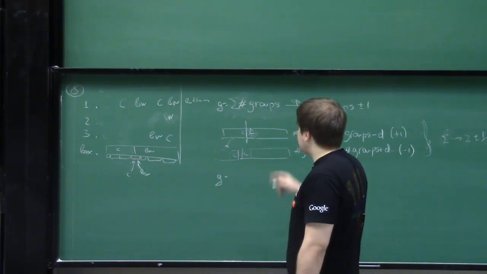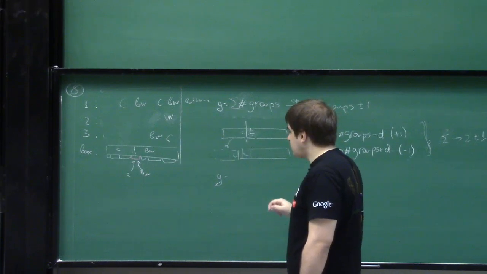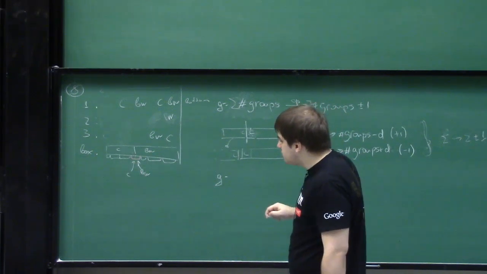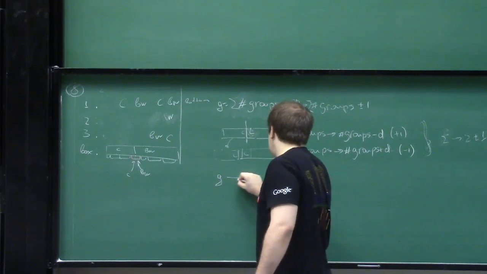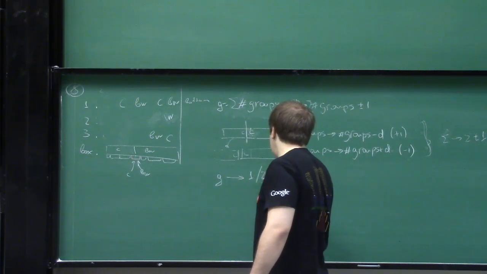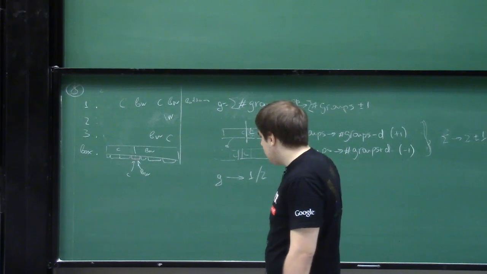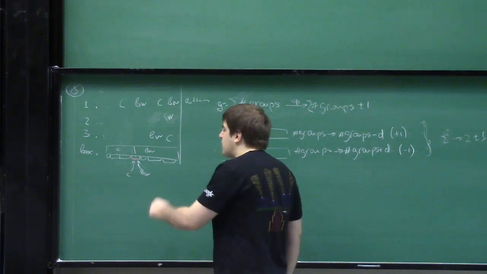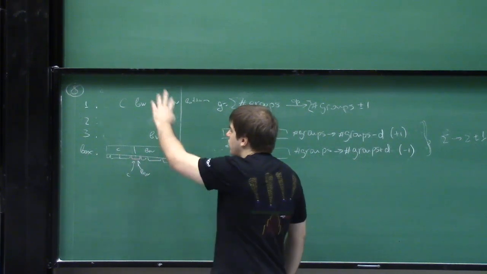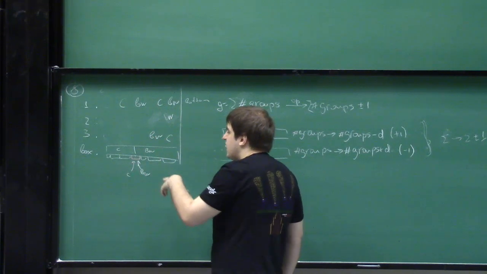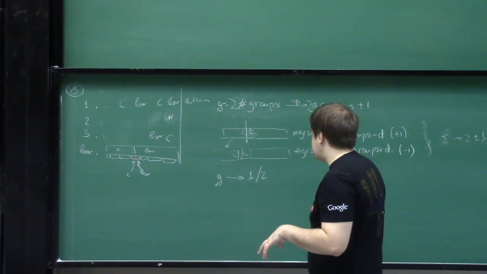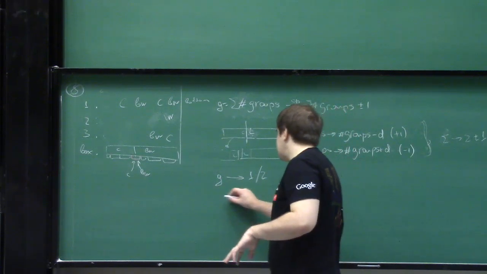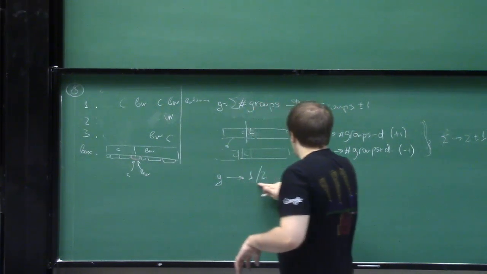Originally you had G groups, and by the end you have like 1 or 2 groups, right? One group corresponds to the case when all the photos that you have here have the same color. This is the original number of groups, this is the final number of groups.